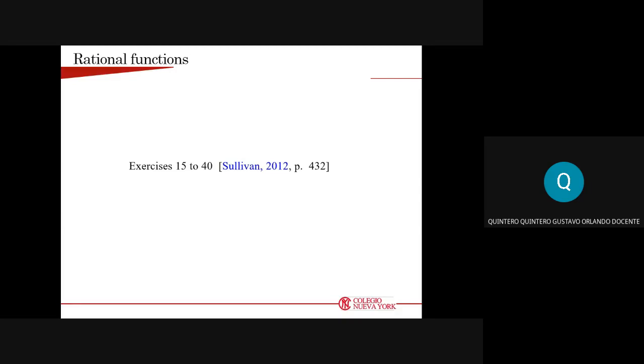Just open the book. I'm about to open the book. The book doesn't want to open. I don't know why it's not opening. Please, book, open. Guys, it looks like I cannot show you the exercises.